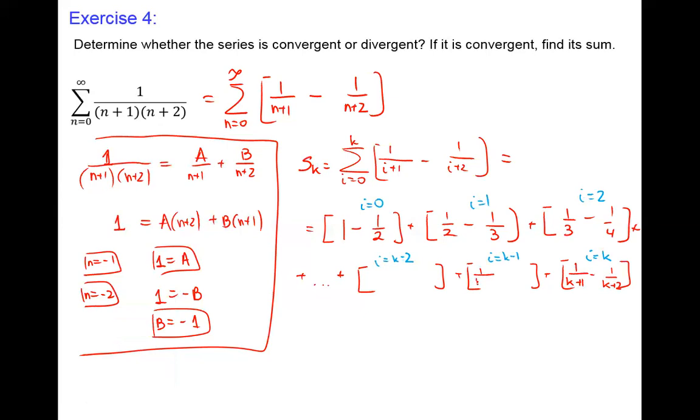k minus 1 plus 1 is just k. k minus 1 plus 2 is k plus 1. And then k minus 2 plus 1 is k minus 1. k minus 2 plus 2 is just k. Okay, let's see what we can cancel out. Negative 1/2, positive 1/2, negative 1/3, positive 1/3. We can see the second term is gone completely.